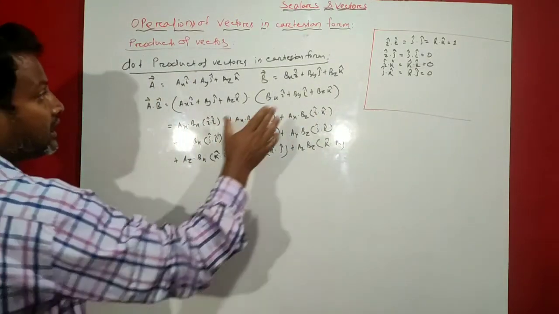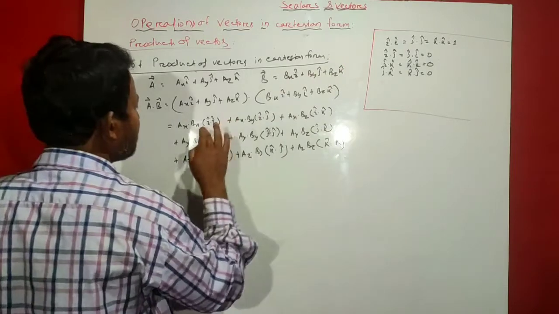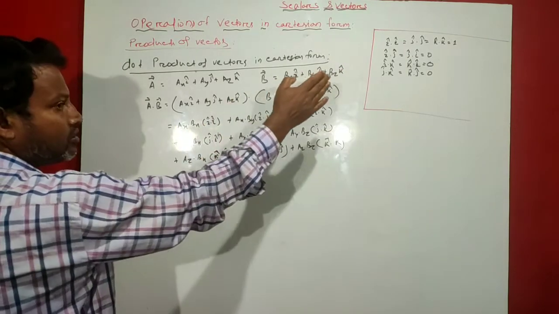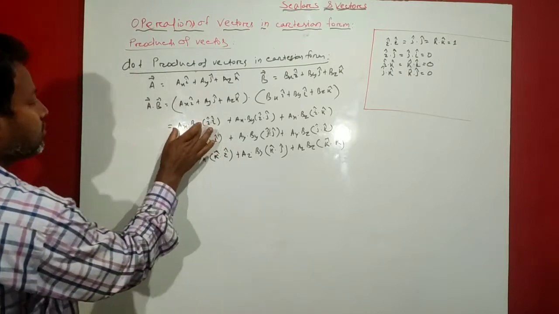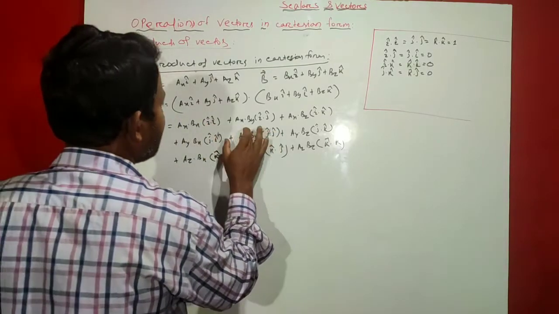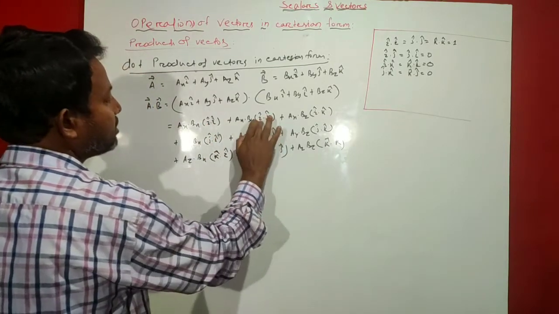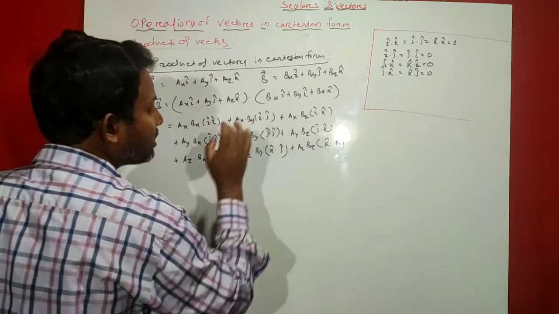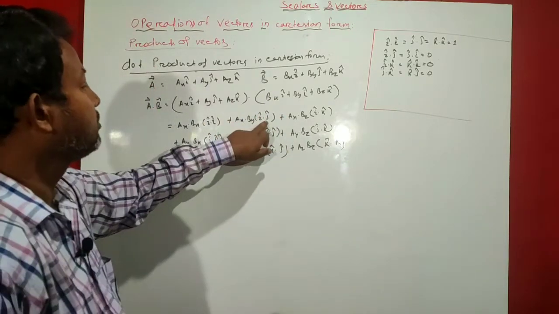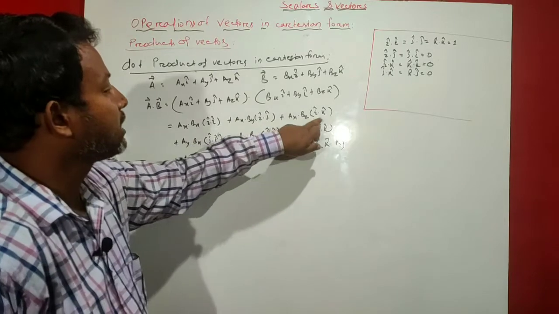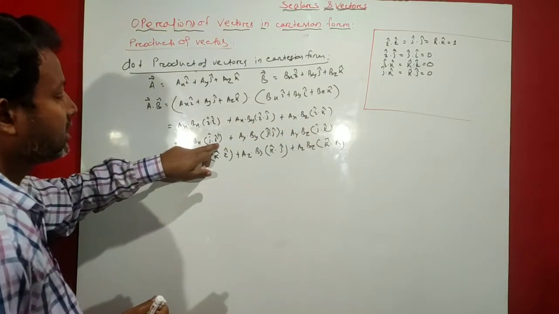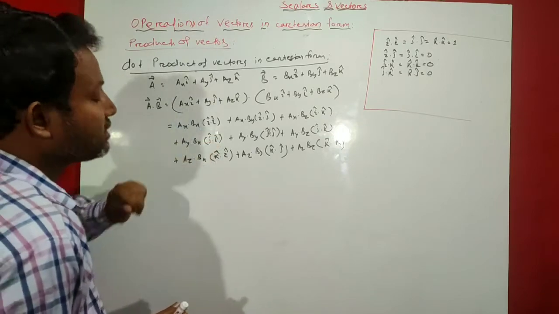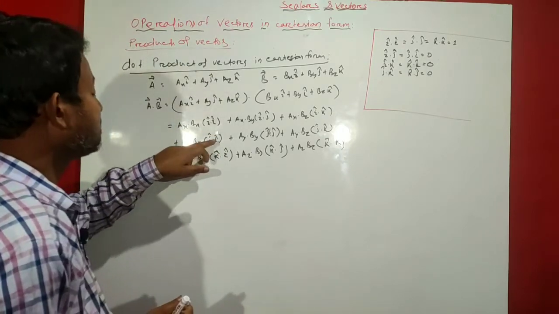So look guys, using this concept, we find that ax bx i into i is equal to ax bx, and ax by i into j will be 0, since i dot j will be 0. That means the total term will be 0. Likewise, this term will be 0. The angle between i and j is 90 degrees, so i dot j will be 0.